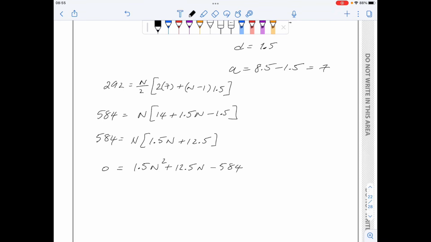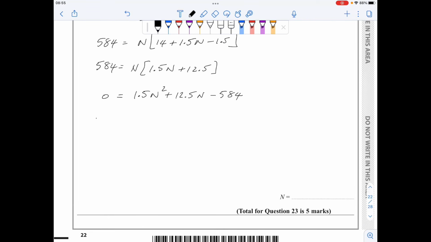Now you can use factorization or the quadratic formula or completing the square. I'll go with the quadratic formula. Now A is equal to 1.5, B is 12.5, and C is minus 584. So n equals minus B plus or minus the square root of B squared minus 4AC, over 2A.